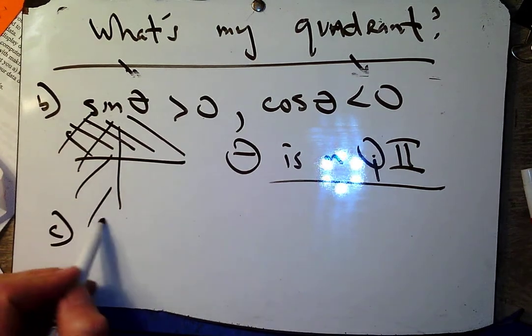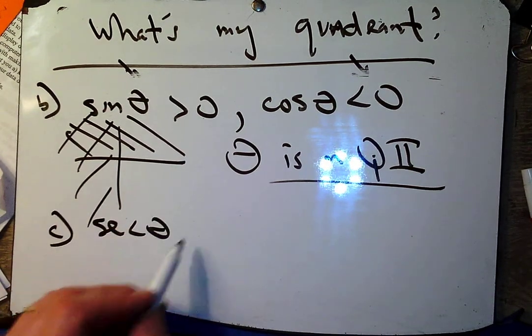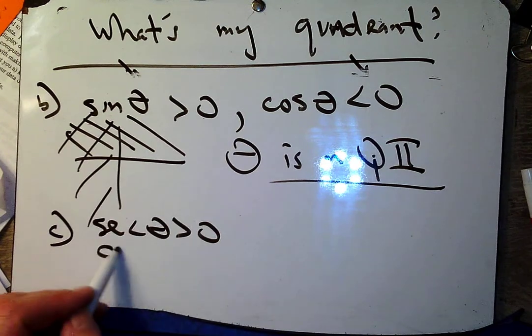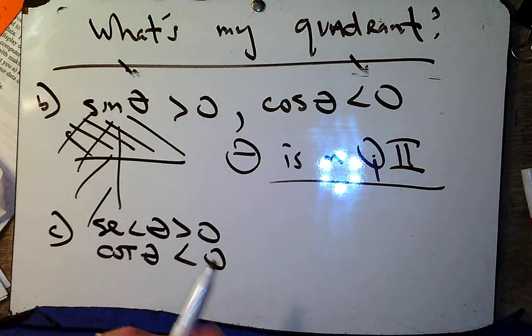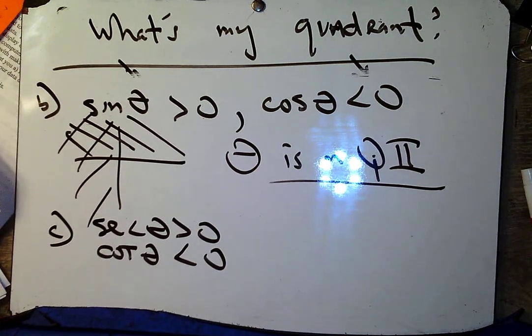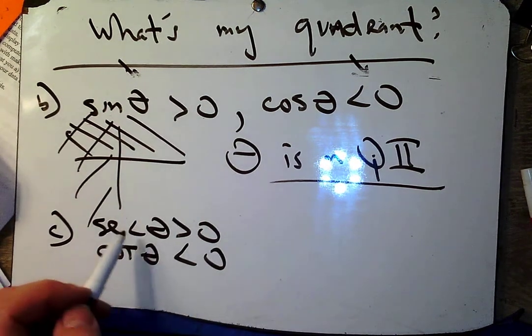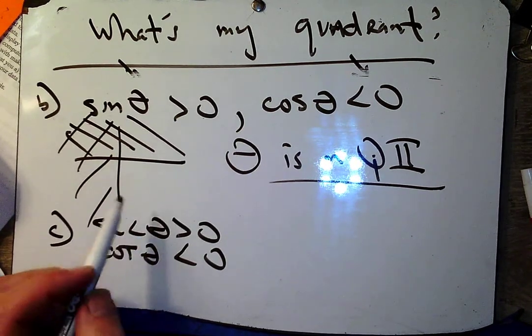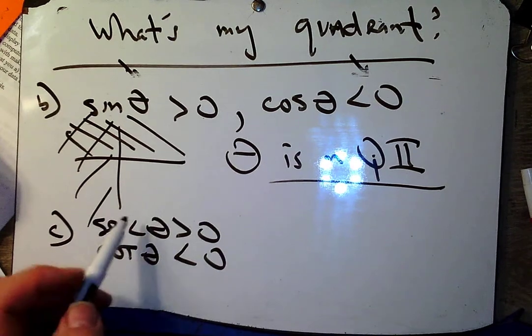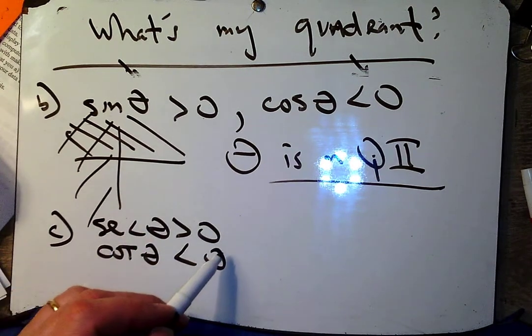Okay. C. C is secant theta is greater than 0, and cotangent theta is less than 0. I'm going to give you a minute to think about that. So, I know that secant is the reciprocal of cosine. Great. So 1 over cosine is positive.